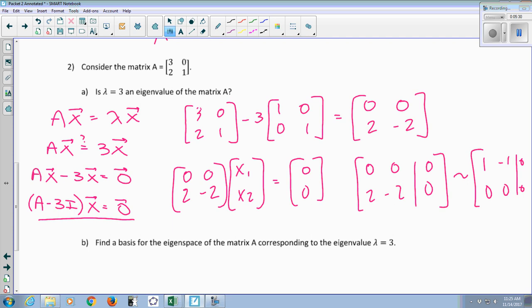This says x1 minus x2 is 0, which means x1 equals x2. And my x2 column has no pivot, so x2 is free. That means there is a solution. There are infinite solutions. So the fact that this equation has a solution means that 3 is an eigenvalue.